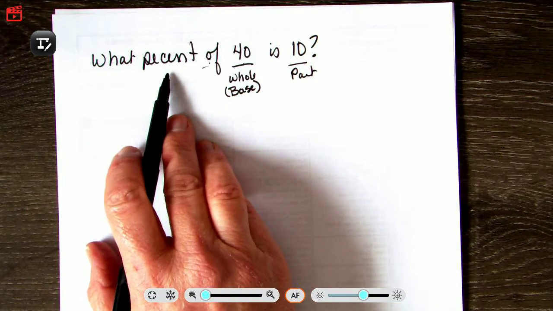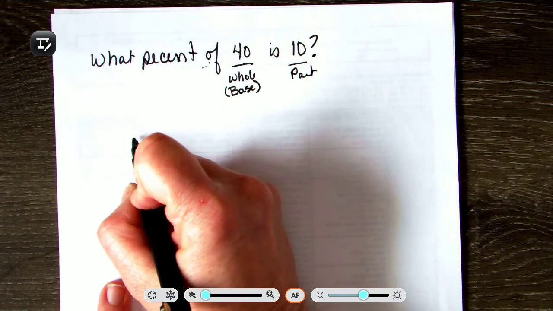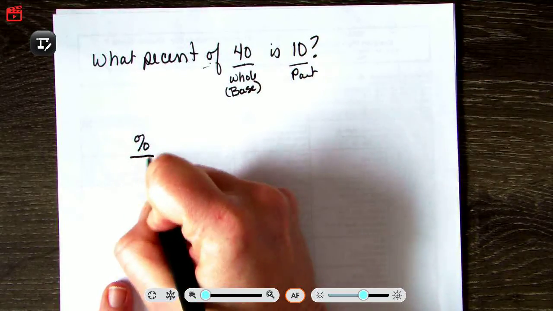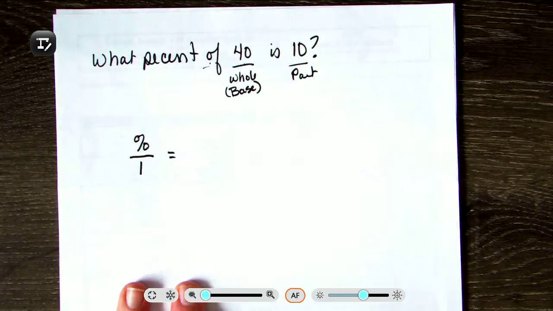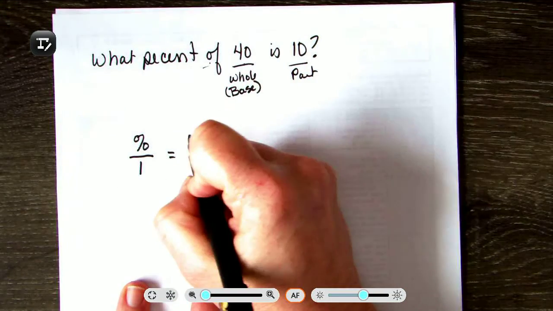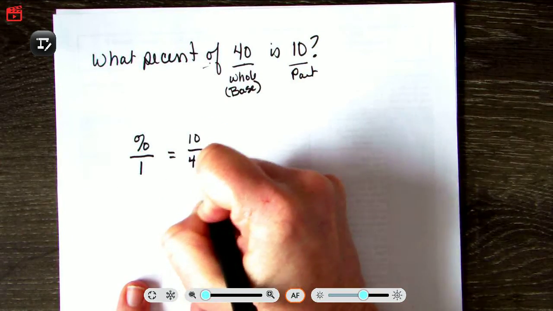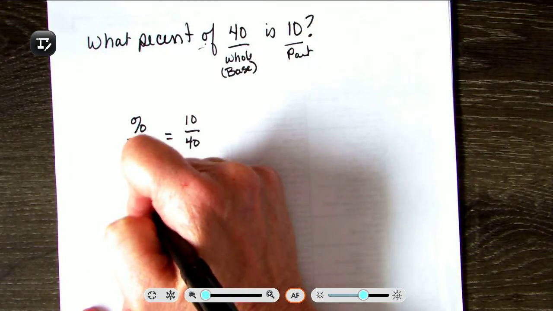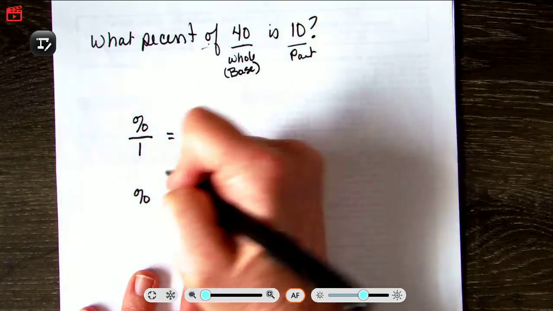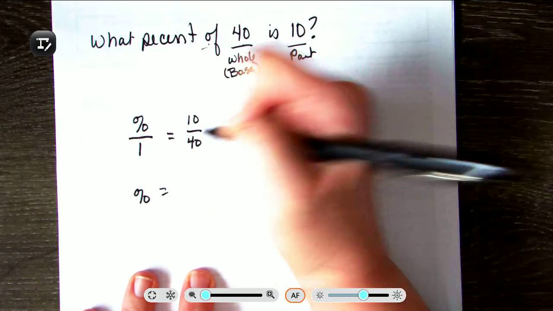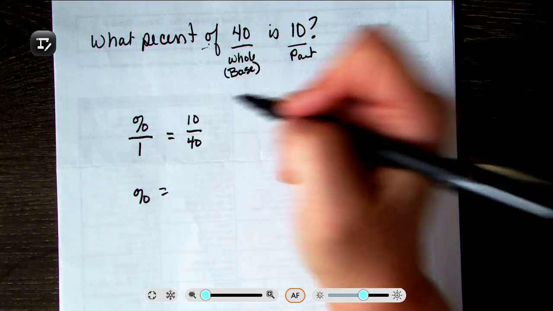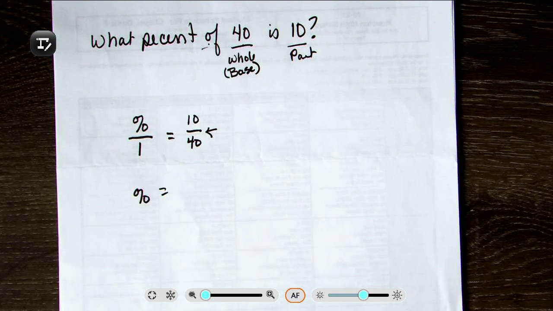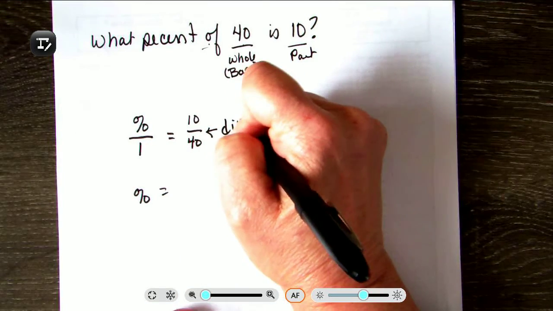We're looking for what percent, so this is going to be that percent piece. I'm going to leave it as the percent symbol over my 1. My 10 over the 40. Or I can think of it as percent, because percent over 1 is just percent, is that 10 over 40. And if you remember, that little fraction line also does mean to divide.